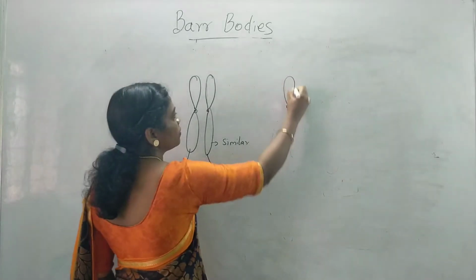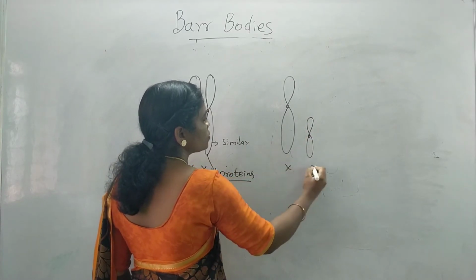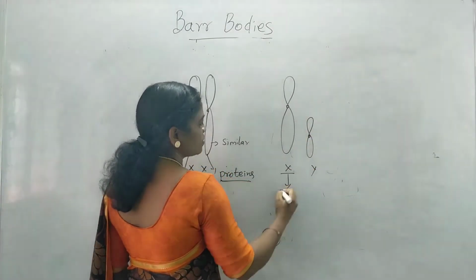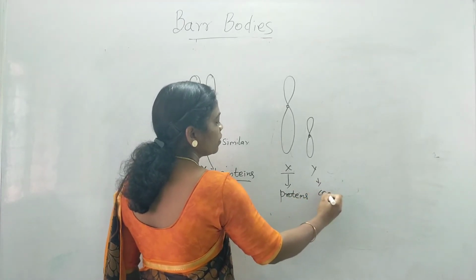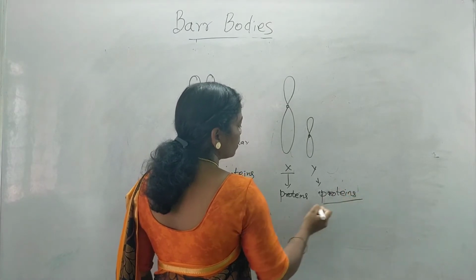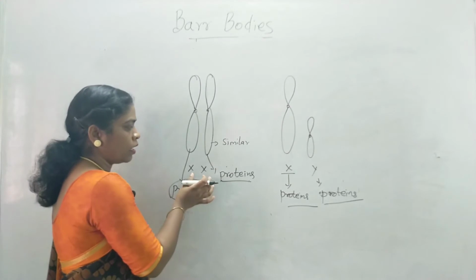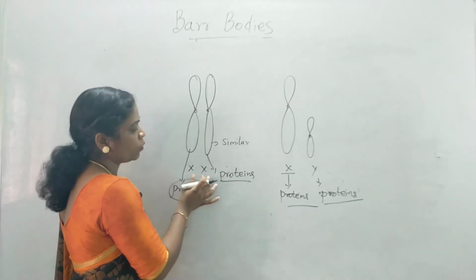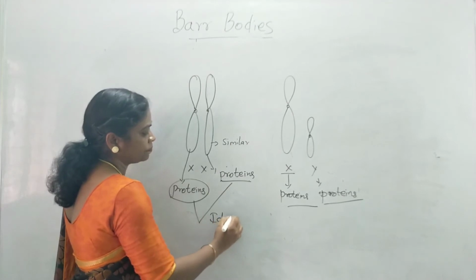If you take male, one X chromosome and one Y chromosome, here the X chromosome will produce its own protein and the Y chromosome codes for its own protein. Here the number of X chromosomes is 2. The amount of protein produced by them will be identical.